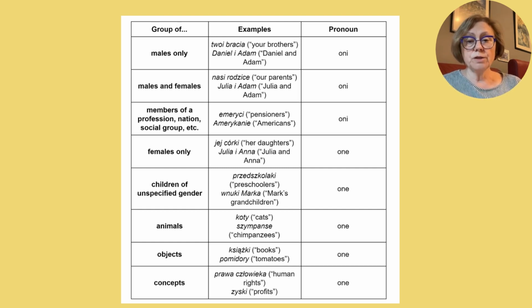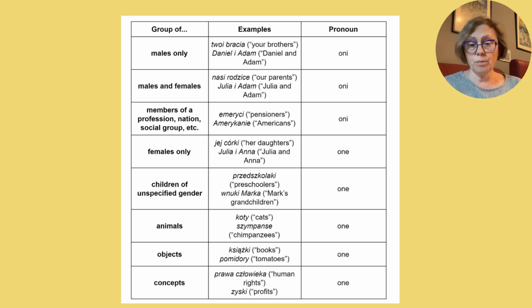Group of children of an unspecified gender: przedszkolaki, preschoolers, wnuki Marka, Mark's grandchildren, one. Group of animals. Examples: koty, cats, szympansy, chimpanzees, pronoun one.